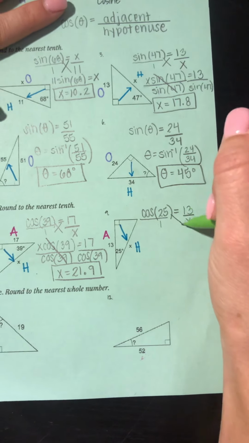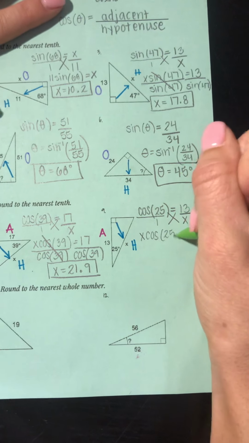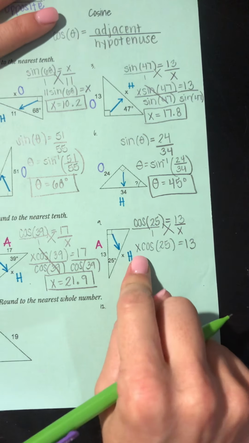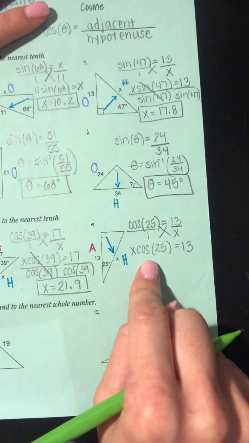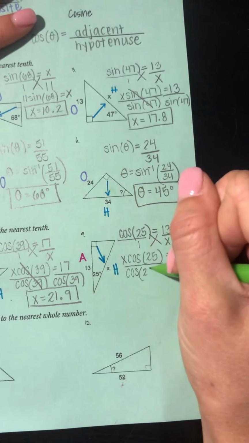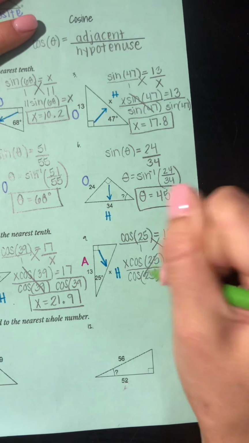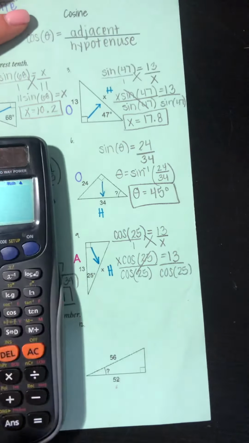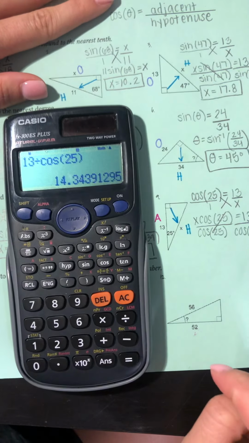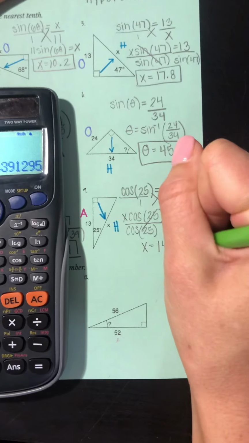So now cross multiply. And so x isn't alone, so I need to divide by cosine of 25. So it'd be about 14.3.